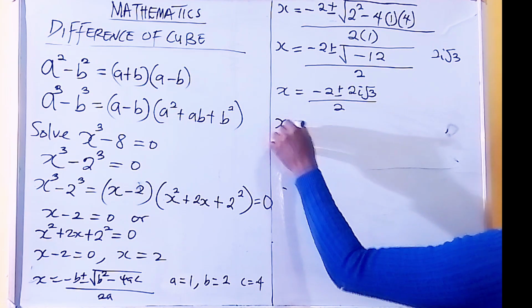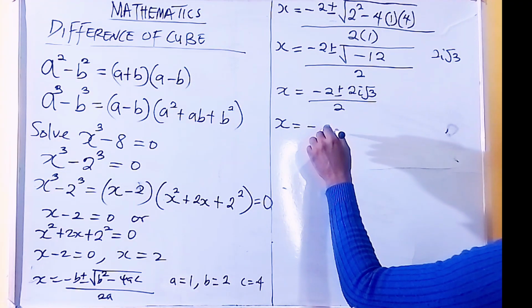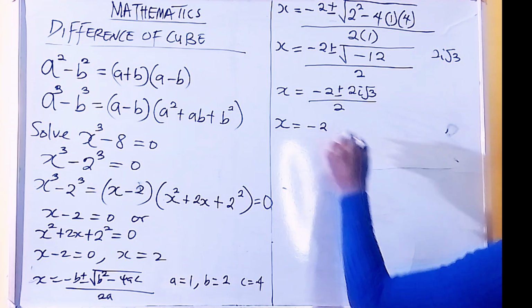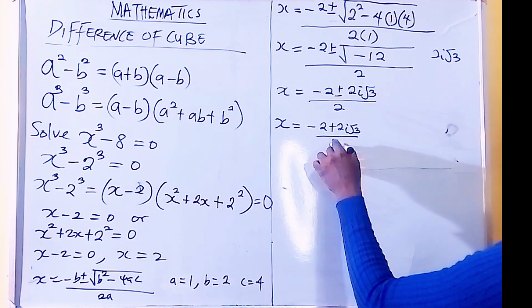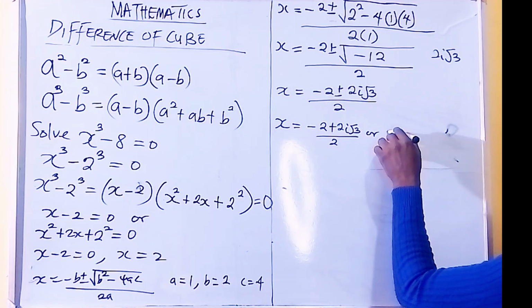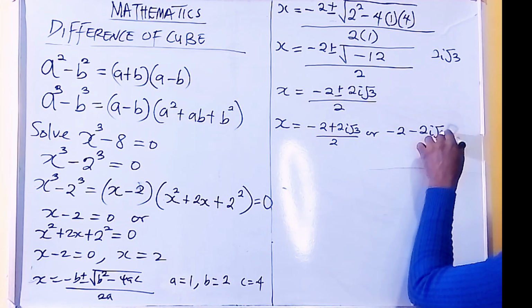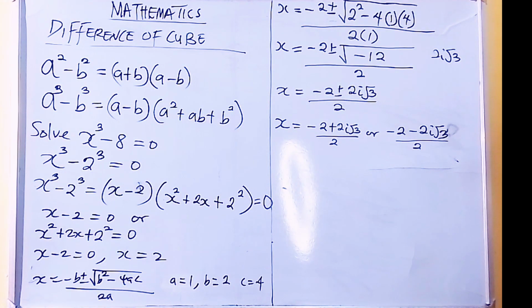Therefore, x now will be minus 2 plus 2i root 3 over 2, or minus 2 minus 2i root 3 over 2.